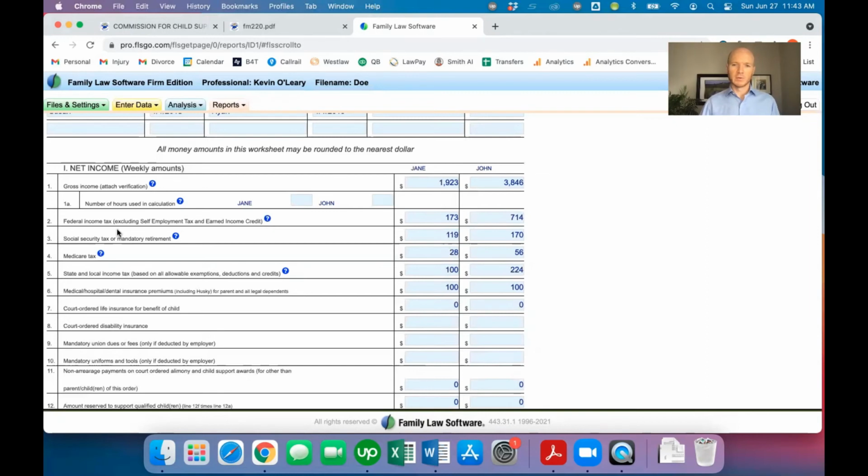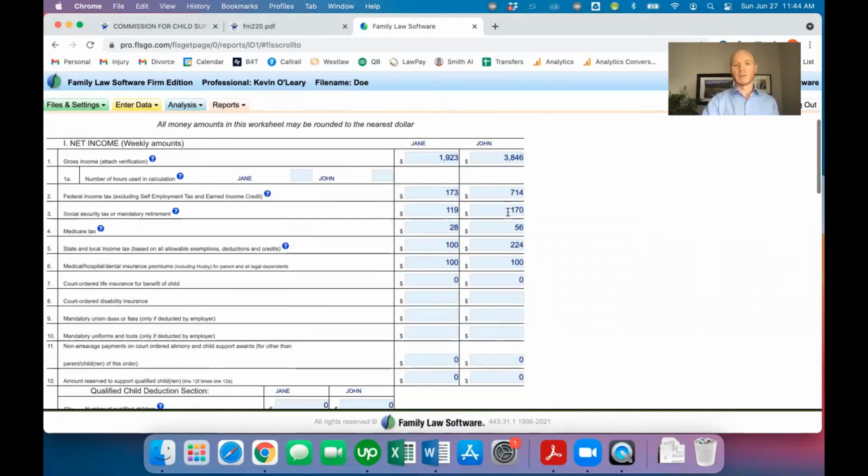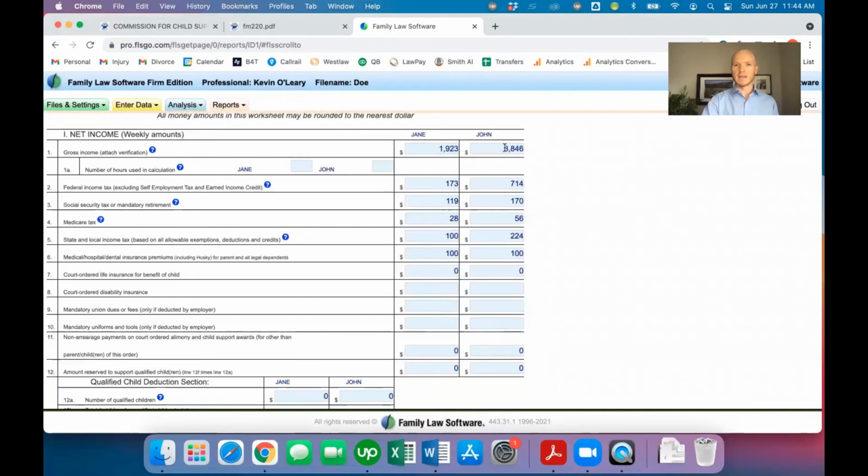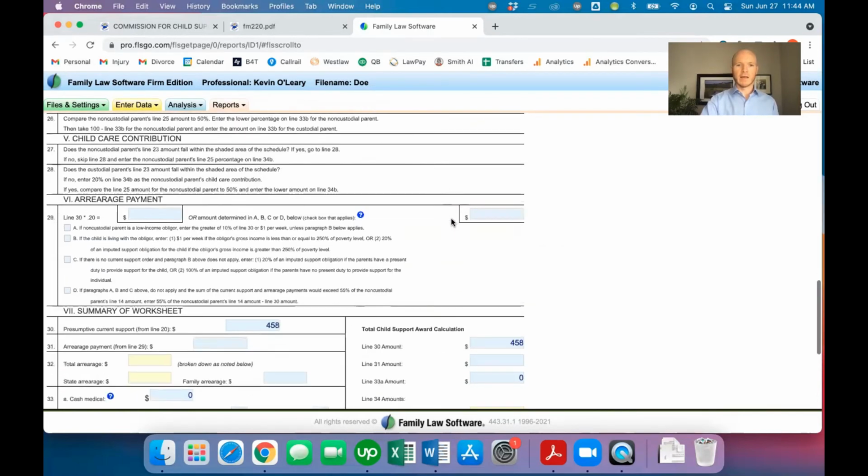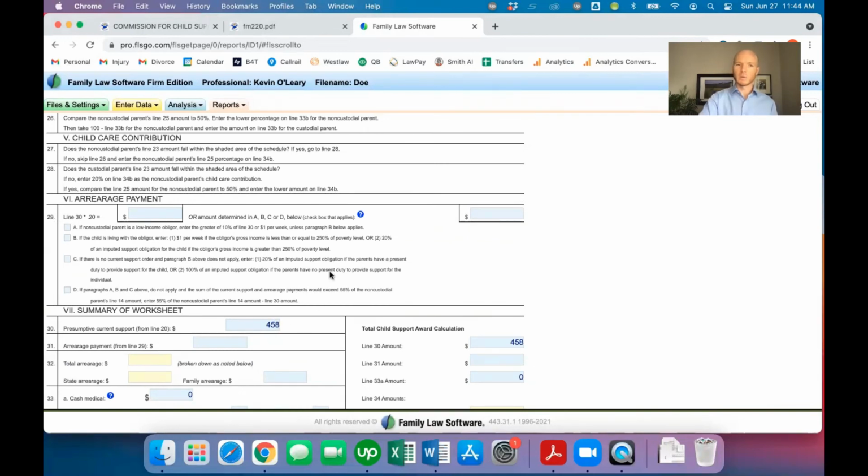And you're going to run that scenario. So in this situation, if Jane and John had 50-50 custody, you would still run the child support guidelines as we did, which is running it as John paying Jane, and it comes out as $458 per week.